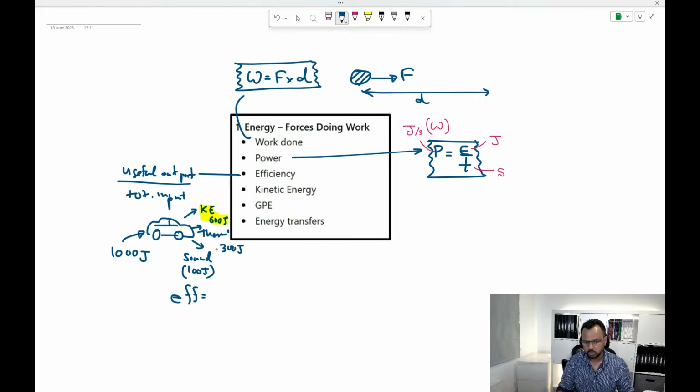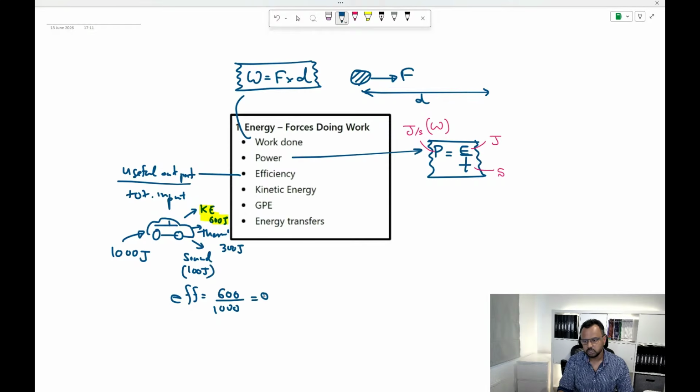Yeah, thank you, Tiara. Sound energy? Nah, not really useful. In fact, most new cars are very quiet compared to the older cars. If you think about older cars from the 1960s, 70s, they're really loud, right? They waste a lot of energy. The new ones don't. So the efficiency is useful output 600, total input 1,000.